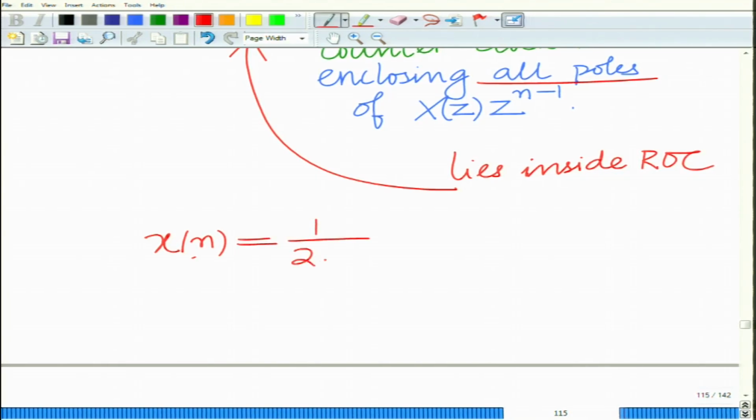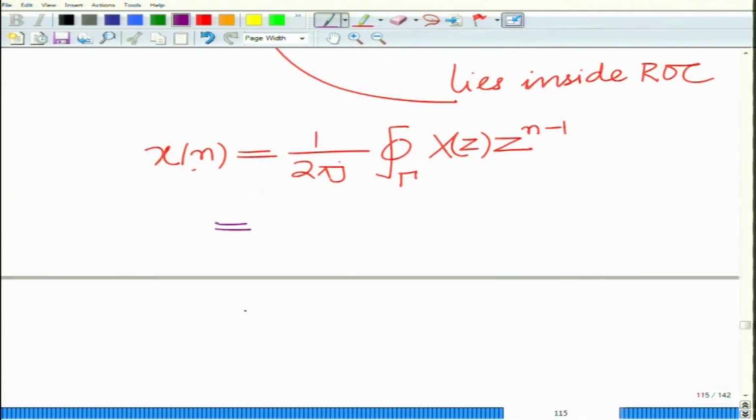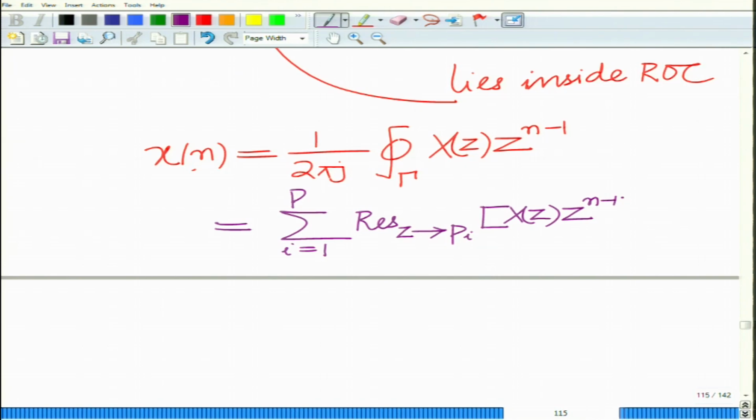This is 1 over 2 pi j, the contour integral over gamma of X(z) z^(n-1), which is equal to the summation over i equals 1 to P of the residues evaluated at each pole p_i of the quantity X(z) z^(n-1).